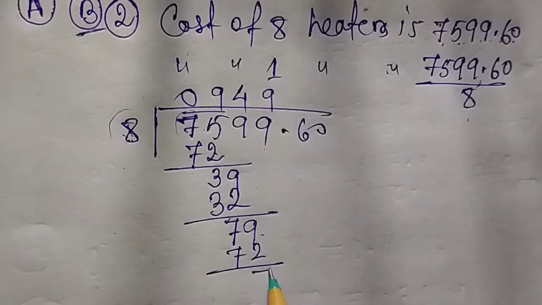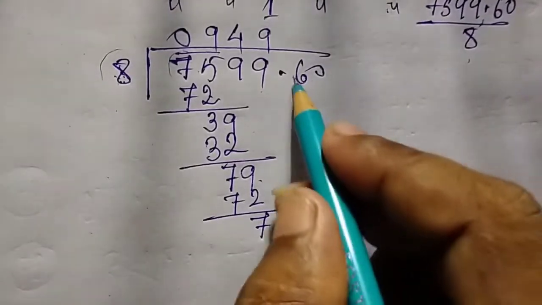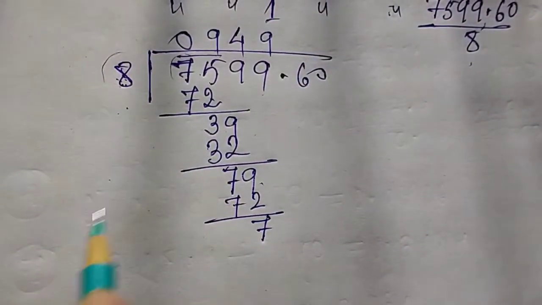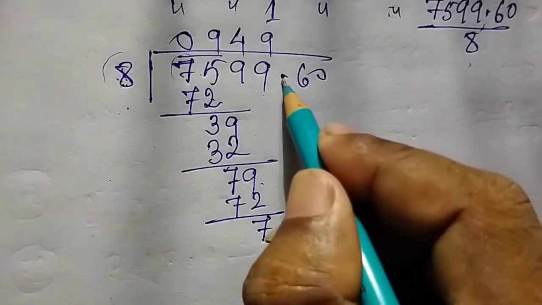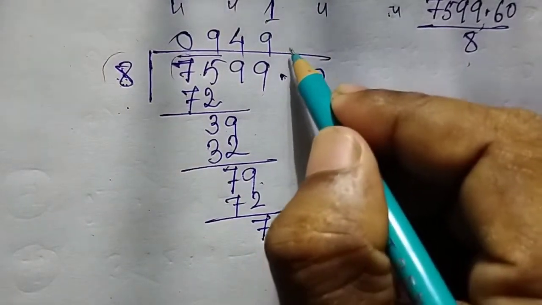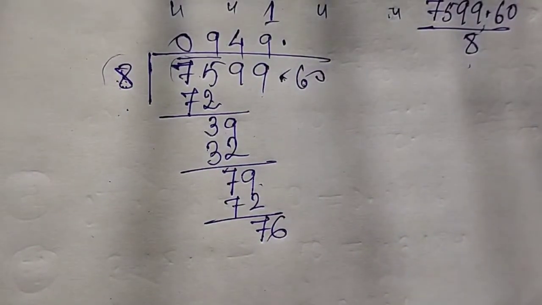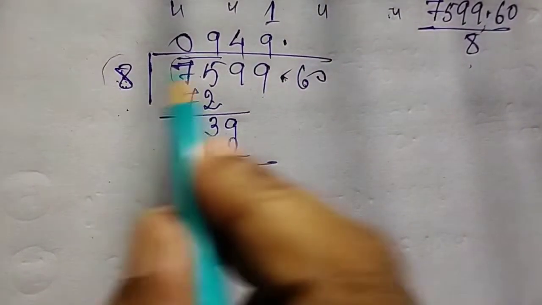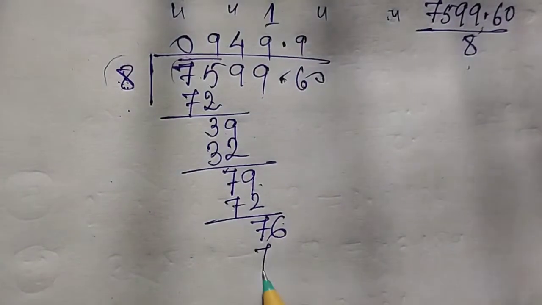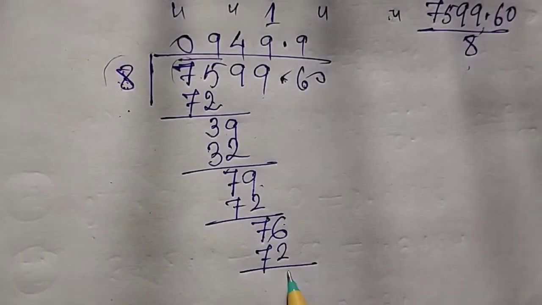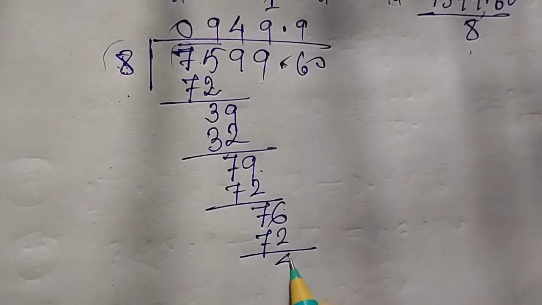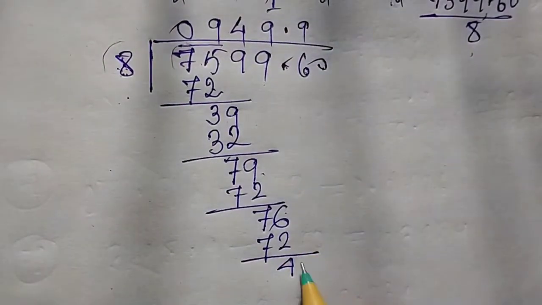Now here is 7. Now 7 is again less than 8, so we have to put another digit, but here is the point, so put this point in the quotient line. So now put this 6 here. So again 8 nines are 72. Now if we subtract here, we will get 4. Now put this 0 here.